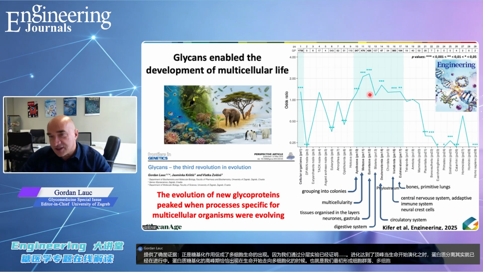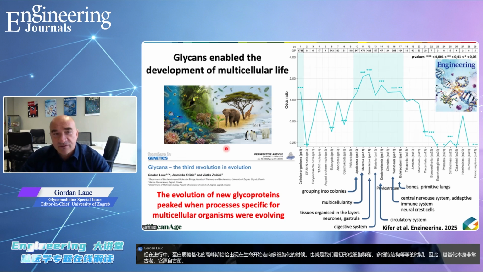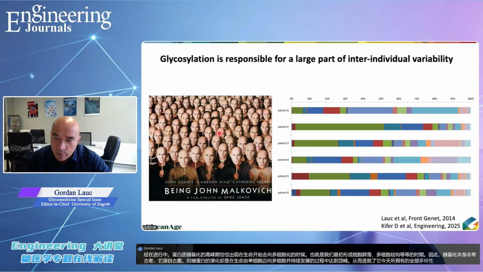So glycosylation itself is ancient. It comes from archaea, but glycoprotein evolution peaked when life was becoming multicellular and getting all the diversity it has today. And this is also what we see in the human population.